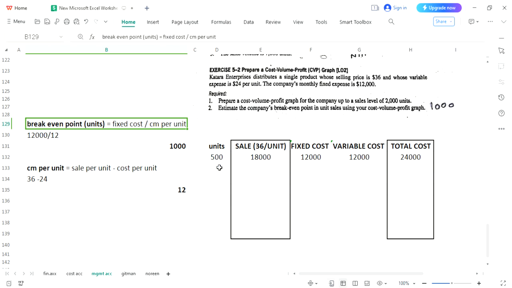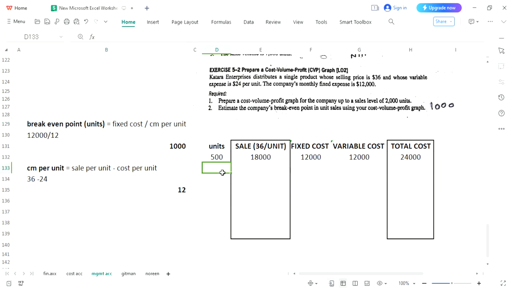So let's put 1000 number of units over here. For sale, what you will do, one unit is being sold for 36. So how much amount will you get by selling 1000 units? For this you will write 1000 and will multiply it by per unit 36. This would be your sale price when you are selling 1000 units. What would be the fixed cost? Let me know.